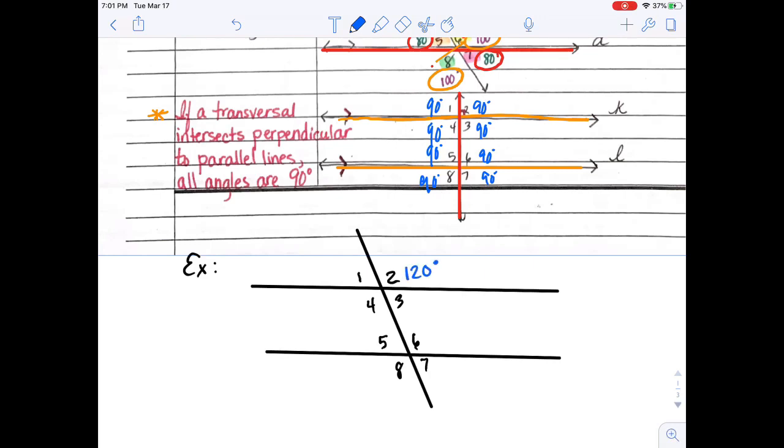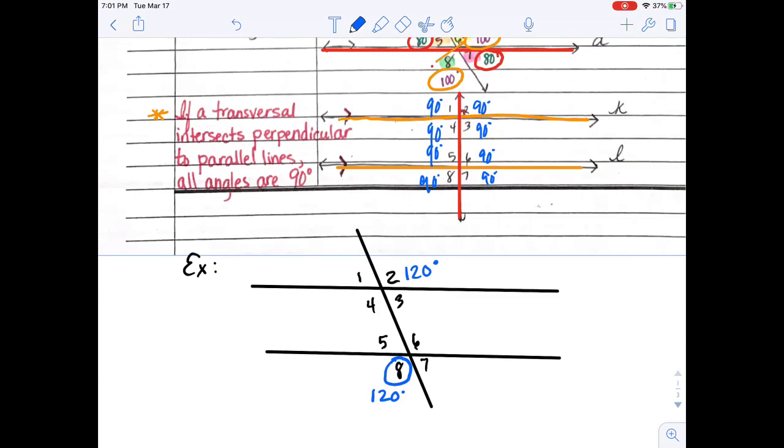Now let's use everything we already know. I know what? Alternate exterior angles, which means which one is alternate exterior? Outside, other line, on the other side of the transversal, 8, you know that has to be 120 degrees.